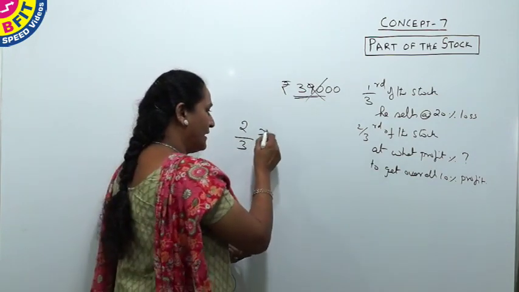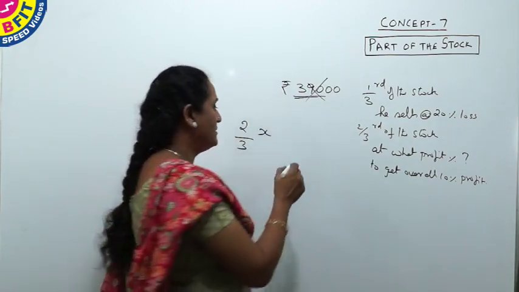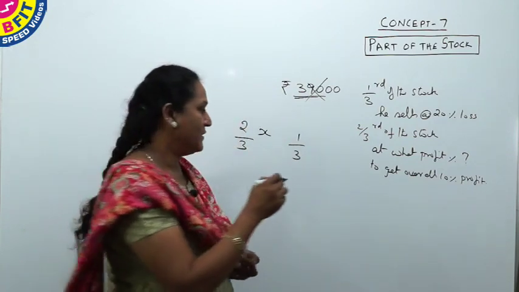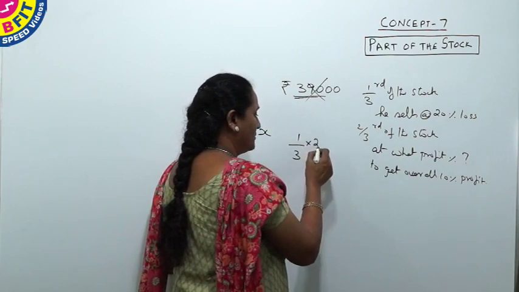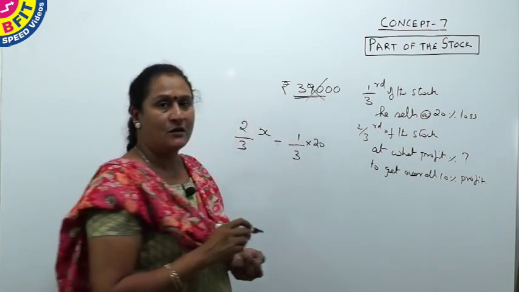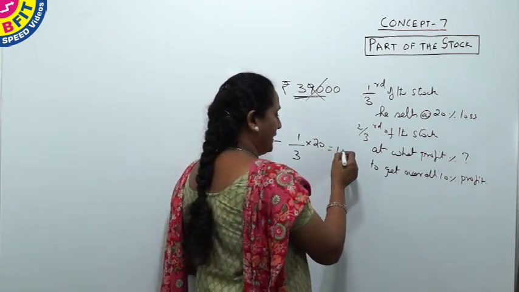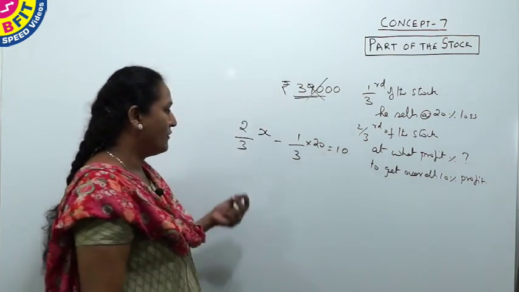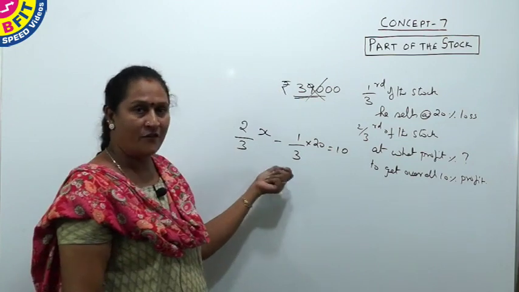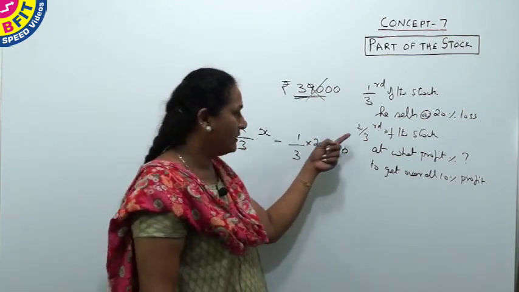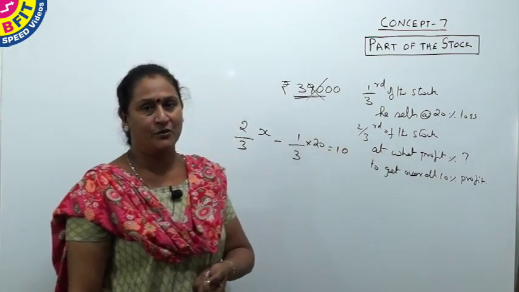We'll take that as X. The remaining is 1/3. So 1/3 he is selling at 20% loss. So you subtract. So what is the overall profit percent required? It is 10. So now just by solving this, we can find the profit percent at which he had to sell the remaining 2/3 of the stock.